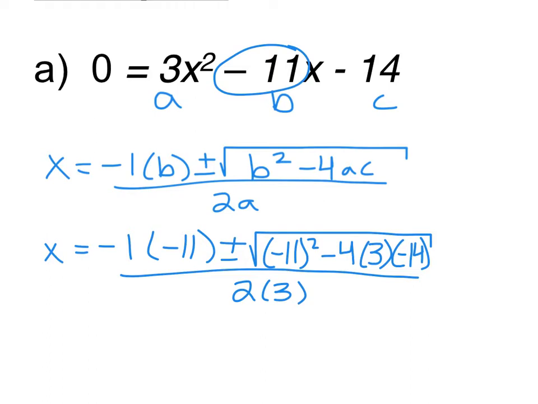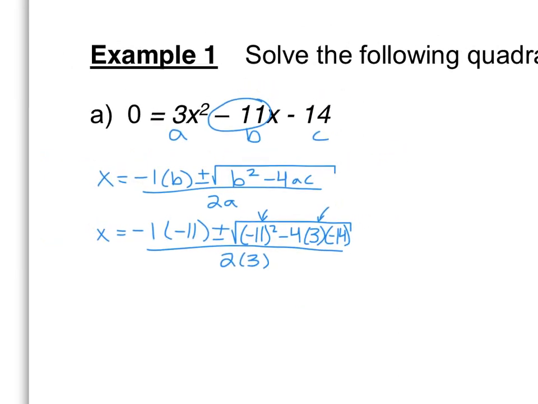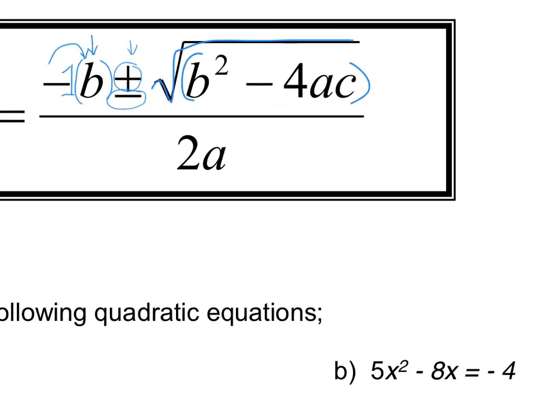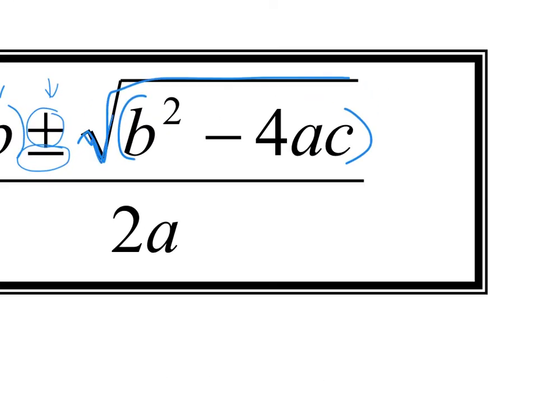Now the next part, what I like to do is to solve for the exponents or anything inside of my brackets, which really that square root sign is a bracket. That's kind of what I tried to show you above here, because this square root sign is grouping the b squared minus 4ac together.